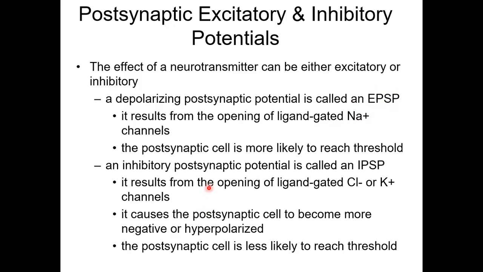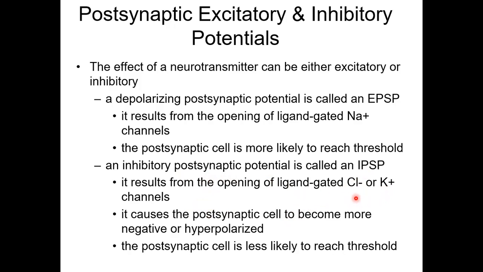Now, what about those neurotransmitters that cause inhibitory postsynaptic potential? You've seen that our pharmaceutical industry is using this in several cases to lower the activity of our central nervous system. What's happening there? If we want to depress or lower the activity of the postsynaptic neuron, cause an IPSP, we will have to open ligand-gated chloride or ligand-gated potassium channels.